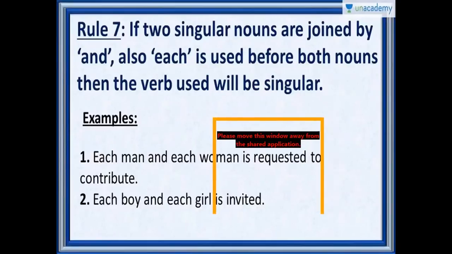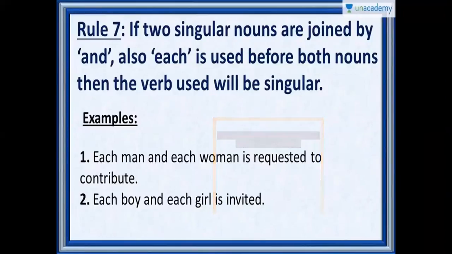The boy and the girl have come or has come? You said have come. Why? Because boy and girl are different. Plural. So you have to use plural. When two singular subjects are combined by 'and', they become plural. Therefore, the verb should also be plural, which you didn't write in the book.